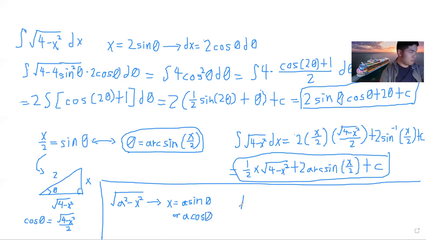And if you have something like a squared plus x squared, then x is a tan theta. That's the substitution method.